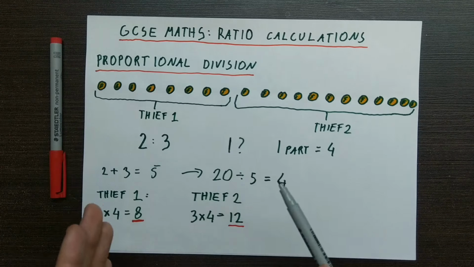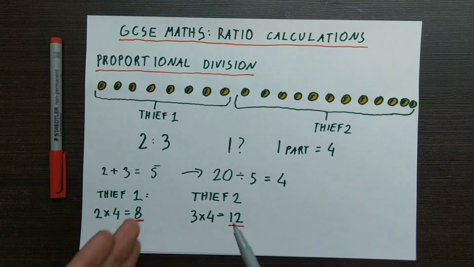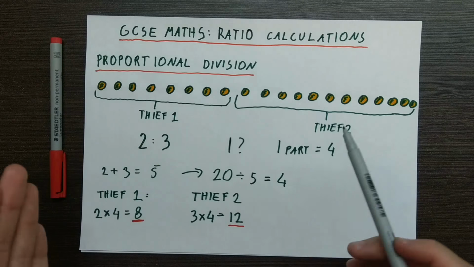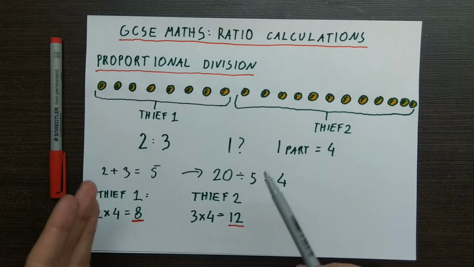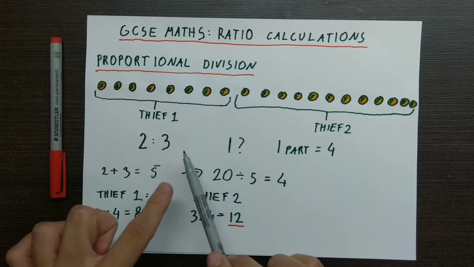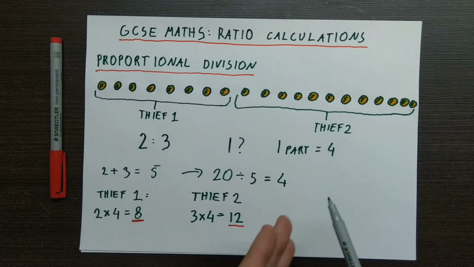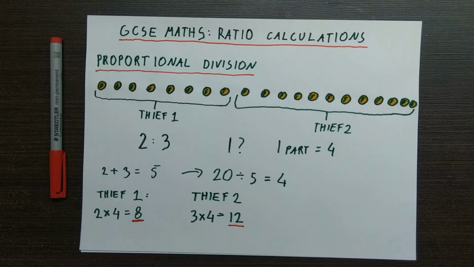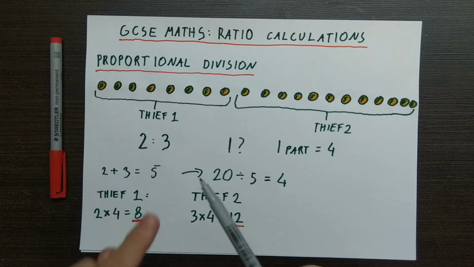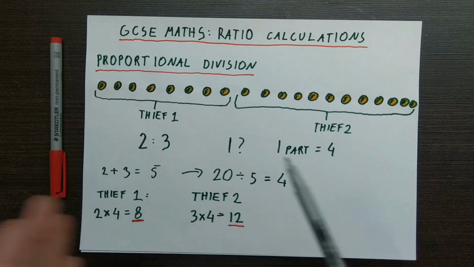Proportional division essentially is a fancy word for dividing up the items according to the ratio that we are given. That's all it means, and that's how we do it. Even if you had 3 thieves and another ratio, you do it exactly the same way. You add all of these up to find what one part is equal to, and then knowing what one part is equal to, you multiply out accordingly for the different parts that each thief would get.